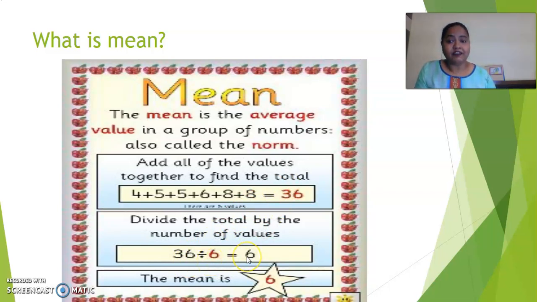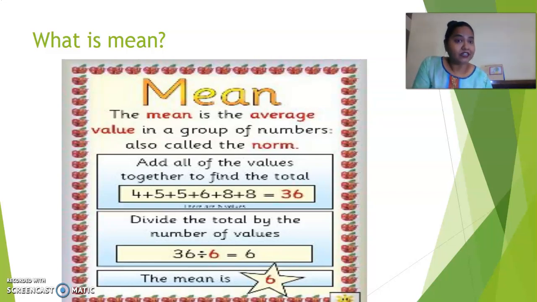The answer that we get is 6. The mean of this is also 6. So what is a mean? Mean is adding all the values together to find the total, then dividing the total by the number of the values. I hope you have understood what mean and atomic mass are.